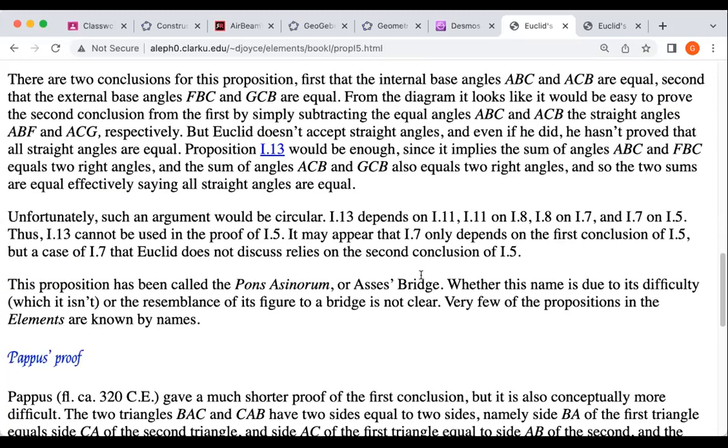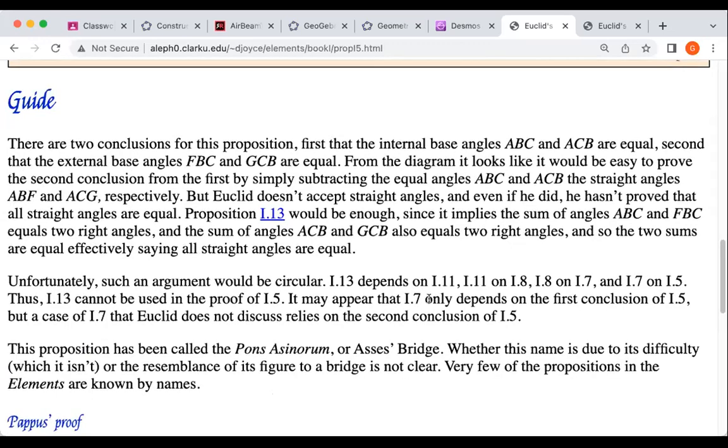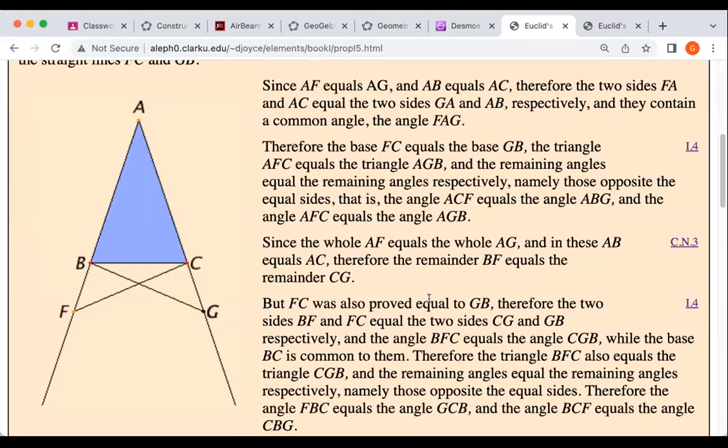Whether this name is due to the difficulty or the resemblance of the figure to a bridge is not clear. Very few of the propositions in Euclid's Elements are known by names. I think they said it was hard to cross, like a bridge that a mule wouldn't be able to do this proof.